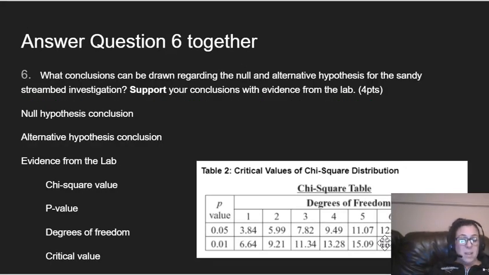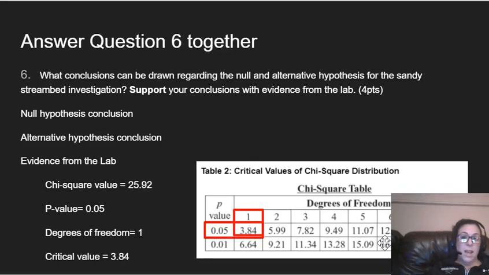When we look at that chi-square table, we look at a degrees of freedom of 1 and a p-value of 0.05, and we compare our chi-square value of 25.92 to a critical value of 3.84. That's larger, right? Small supports the null, large rejects.